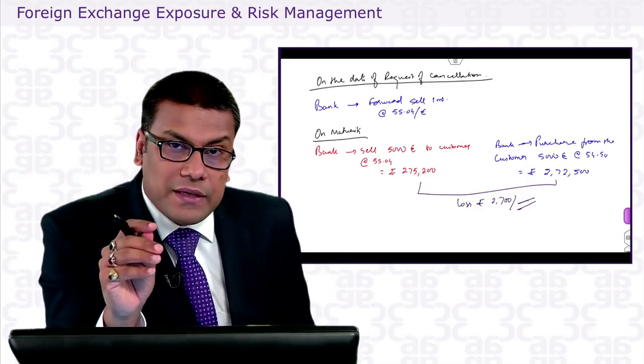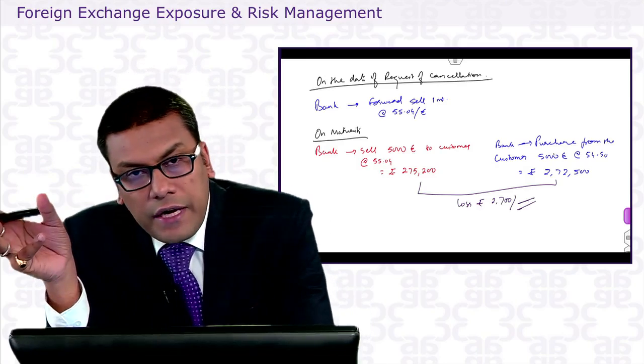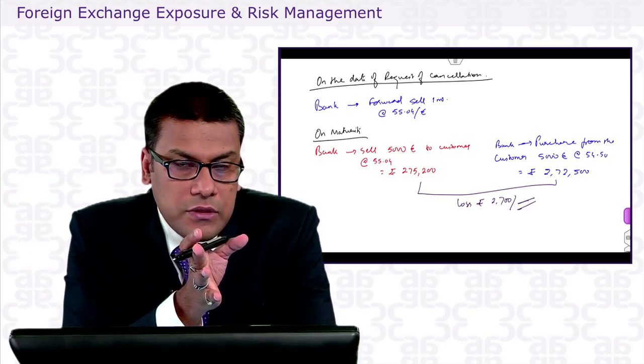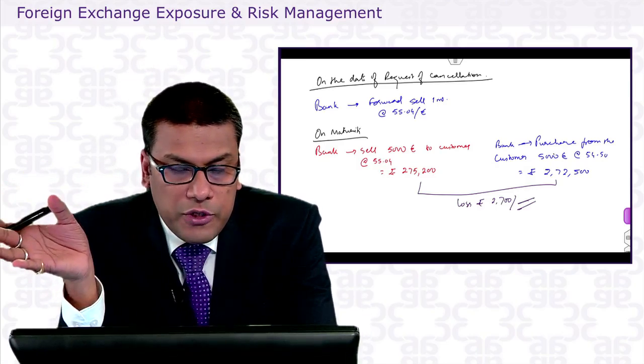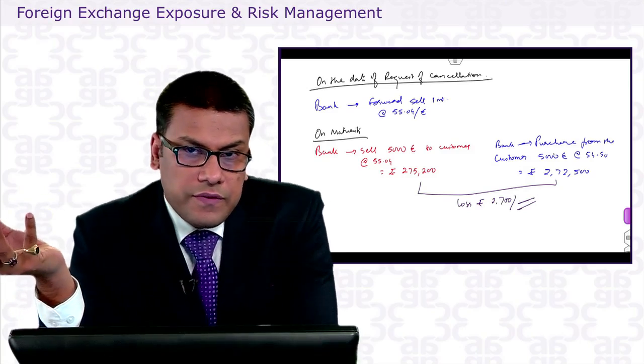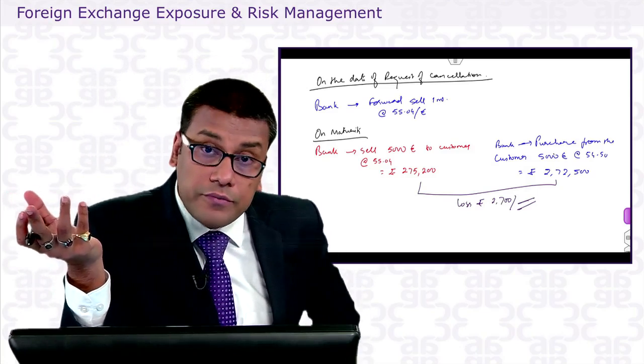So you approach a bank before maturity, say a month before, that I want to cancel my original contract which is going to mature a month later. So the bank would enter into an opposite transaction for the remaining date of maturity, and on maturity would square up both the transactions. If there is any kind of a loss happening, it will be taken from you. If there is a gain happening, it will be paid to you. Okay.